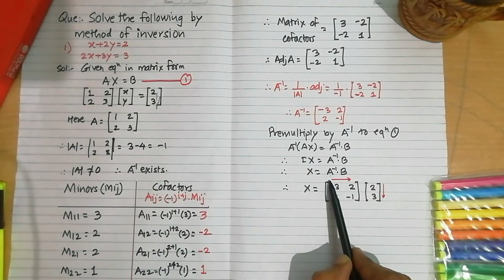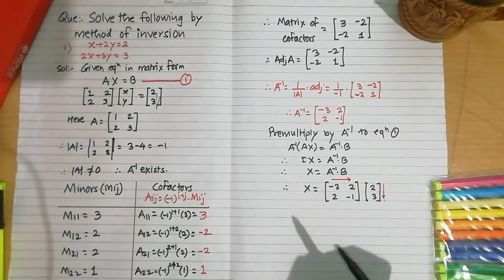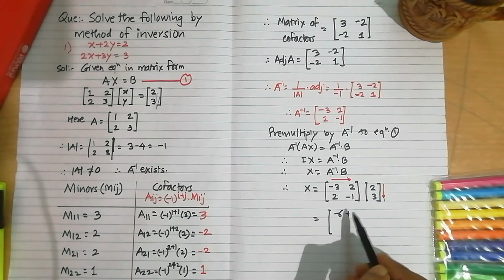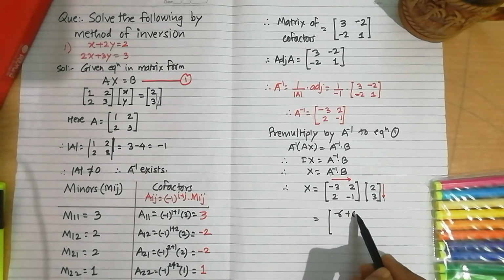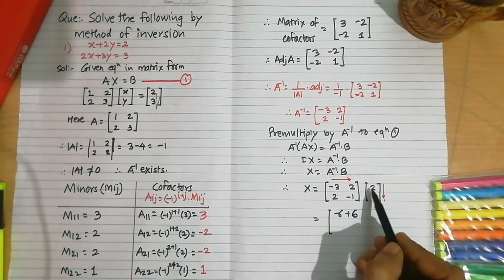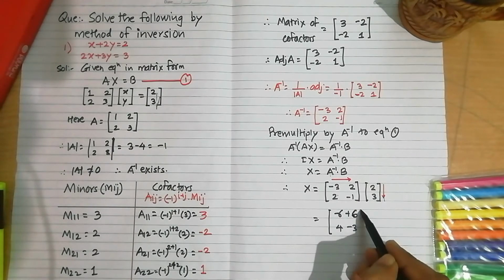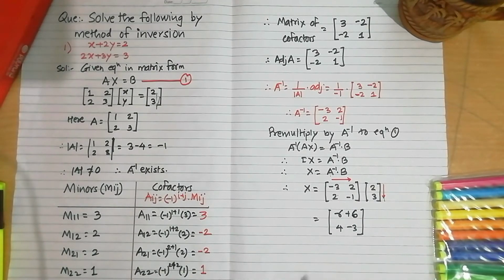The multiplication is always done in the form of row into column. Let us multiply: -3 into 2 is -6, plus 2 into 3 is plus 6. Then 2 into 2 is 4, and -1 into 3 is -3. Therefore, -6 plus 6 is 0, and 4 minus 3 is 1.